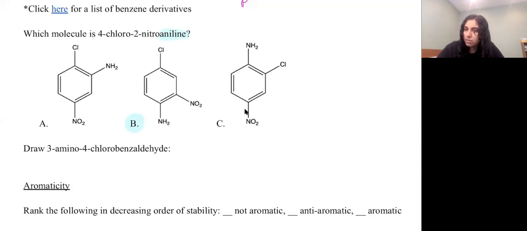Aniline is a benzene with an NH2 on it. So that means we start counting number 1 from where the NH2 is. So this carbon is number 1, and then we count the rest of the substituents going from the NH2. So this group, the NO2, is called nitro, and that's on carbon 2. This group is a chloro, and it's on carbon 4. So that works, right? 4-chloro-2-nitro.